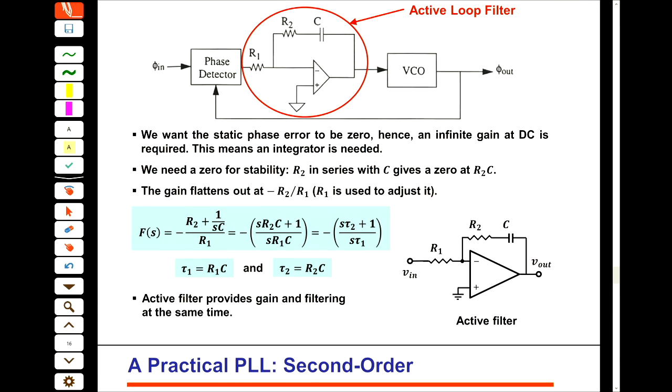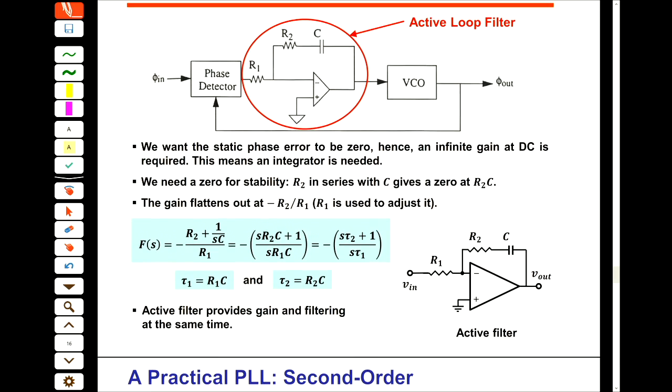Again, we write down the transfer function of our filter. It comes from here, I mean these two in series divided by R1, and the value is this one. And tau 1 and tau 2 are calculated based on these two formulas. This is your active filter, and so it gives you filtering and gain at the same time.